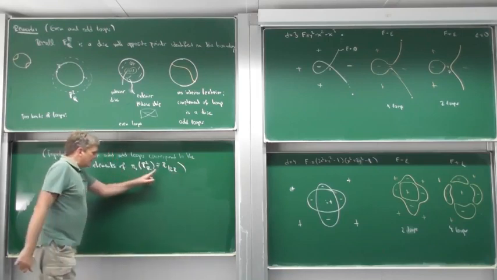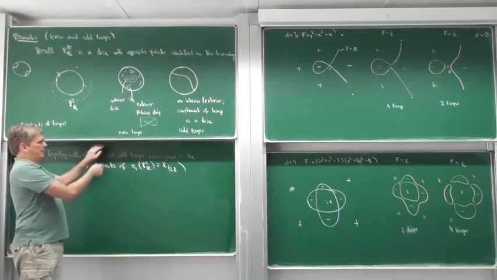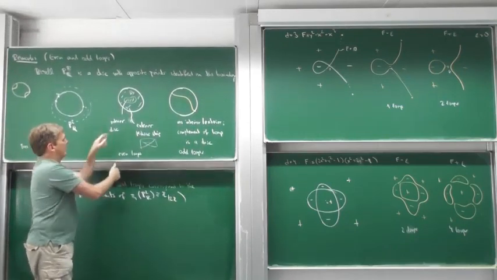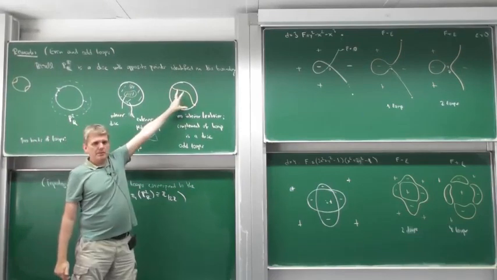The zero elements, or the even ones here, are the contractible ones. In the language of fundamental groups, I would say this is a contractible loop in the space. You just move it to a point. This cannot be contracted.